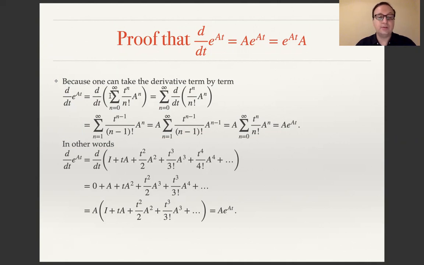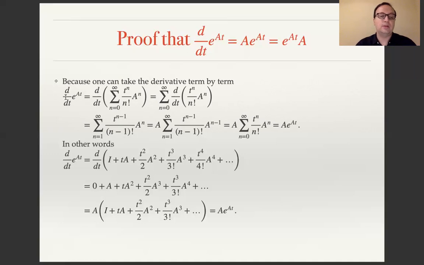So the derivative of the sum is equal to the sum of the derivatives of the terms. And again, the proof is not very different from the one that's true for real numbers, but we're not going to present it here.